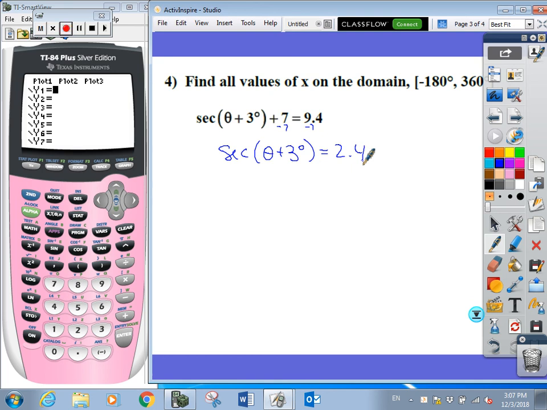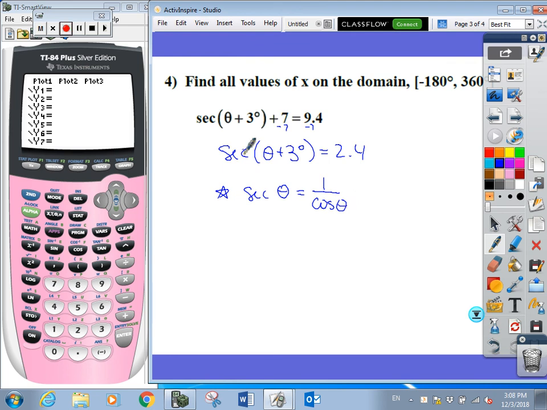Even the next step, a couple different ways you can go about putting it in your calculator. We have to remember some things about secant. There is no secant button on our calculator. So what we have to remember is unit 1. Secant of an angle equals 1 over cosine of that angle.